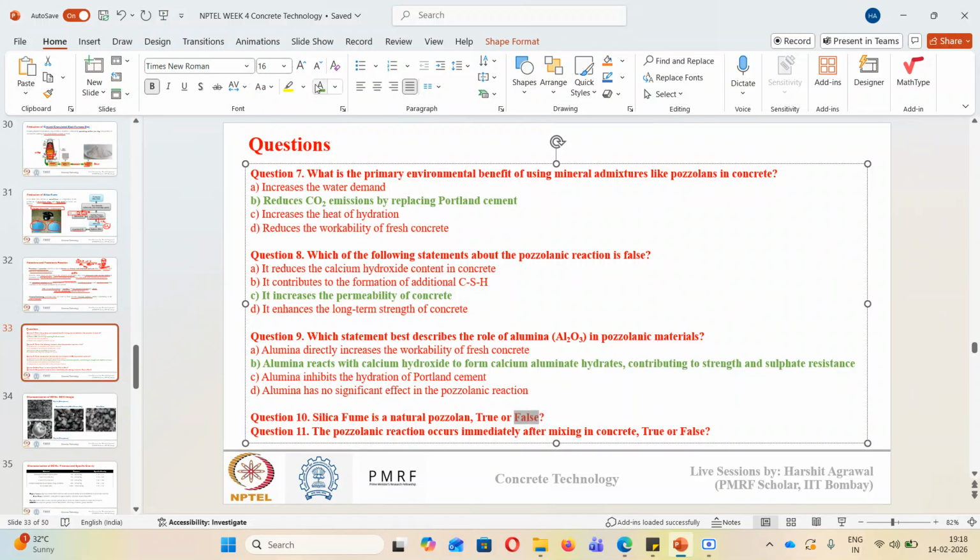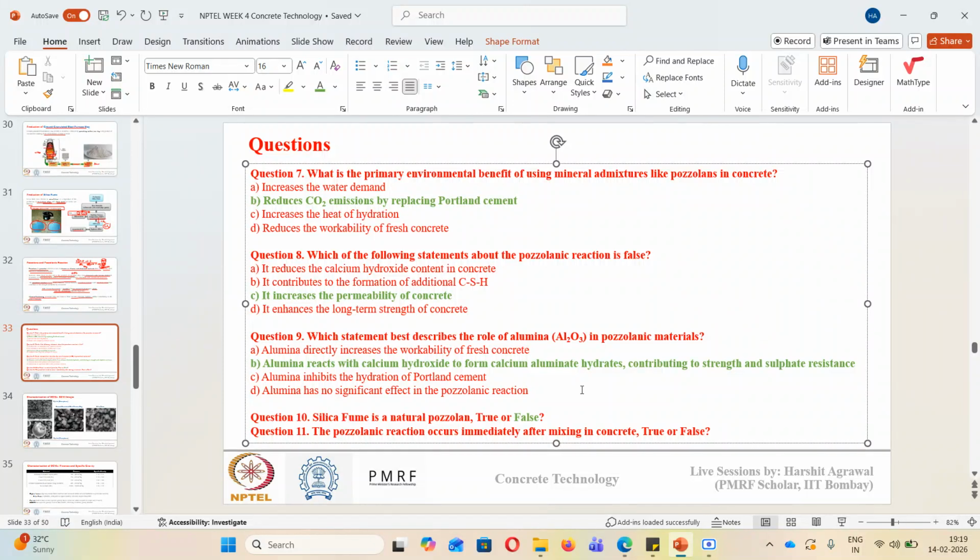Why is it an artificial pozzolan? Because it is produced as a byproduct from an industry. It is a byproduct of the production of silicon metal or ferrosilicon alloys in an electric arc furnace. Natural pozzolans are those materials which are naturally occurring, like volcanic ash, pumice, diatomaceous earth material. They all have amorphous silica and alumina in their composition naturally, which makes them possess pozzolanic properties.